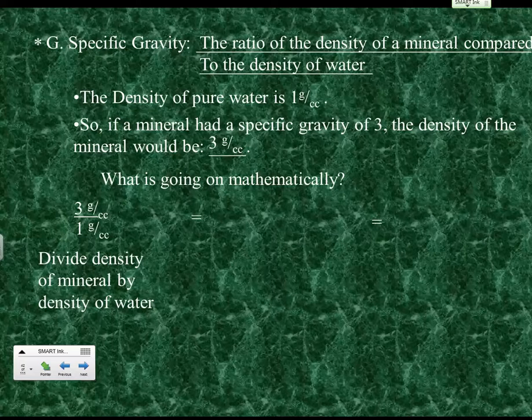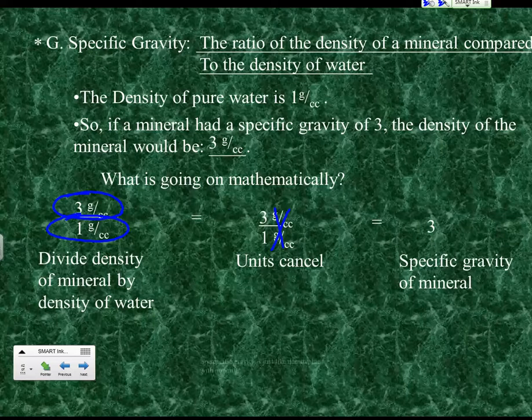According to the definition, the first number on top is the density of the mineral. The second number in the denominator spot is the density of water, with units. But according to specific gravity, those units cancel out. So really, specific gravity is like density, but no units.